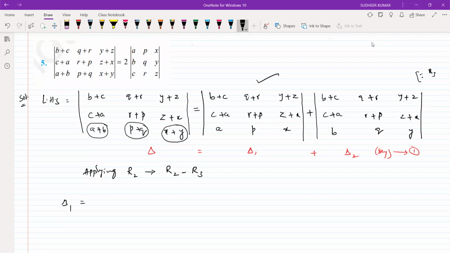When applying it on R2, R1 and R3 remain the same.